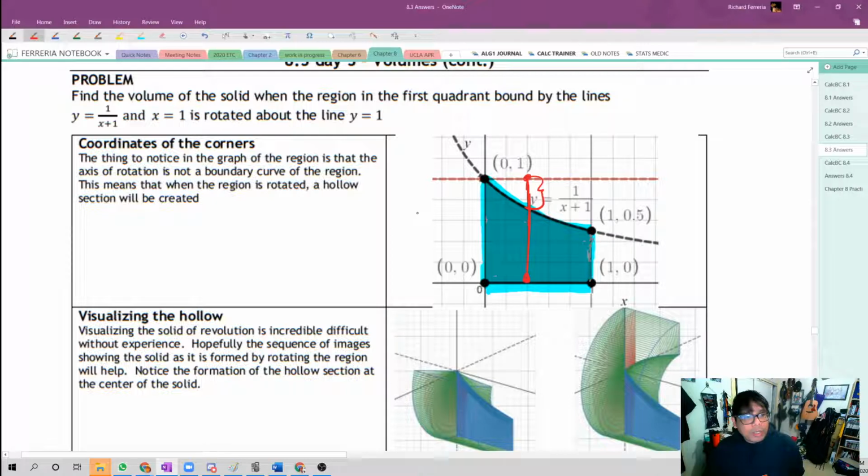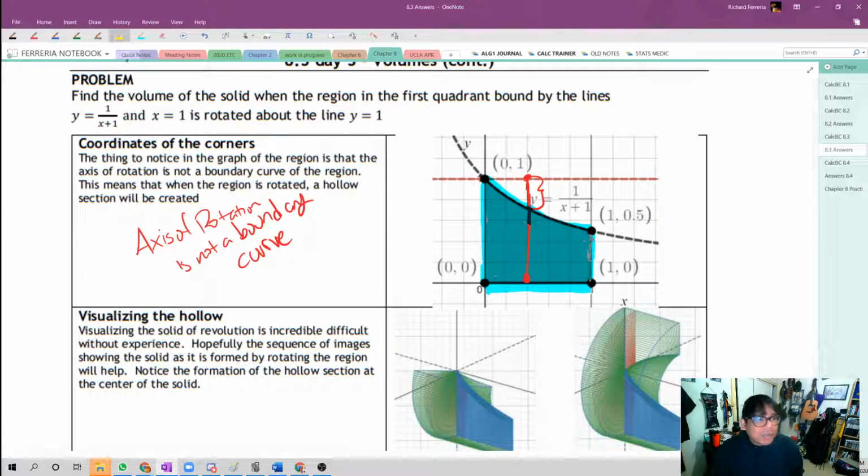Or another way of putting it is the axis of rotation is not a boundary curve of the region. And that's going to tell me that we are going to create a solid that has a hollow section in the middle of it.